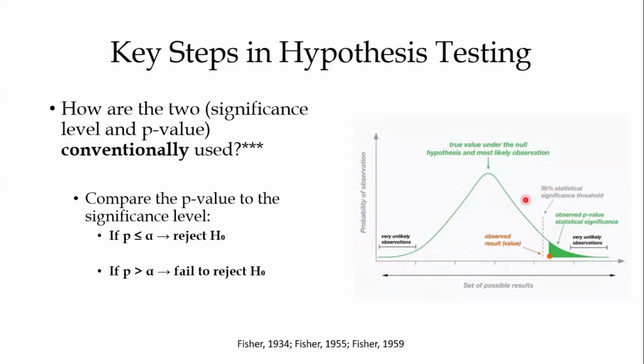Now, if you look at this edge towards this point here, there is a line there. That line is the alpha, as in this is the threshold or the cutoff that the researcher usually sets. This area shaded in green is the observed p-value. This is what is computed from the sample.